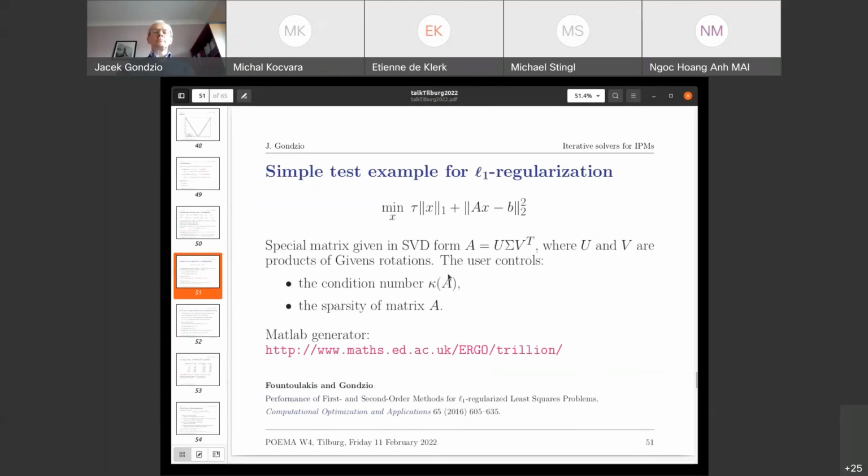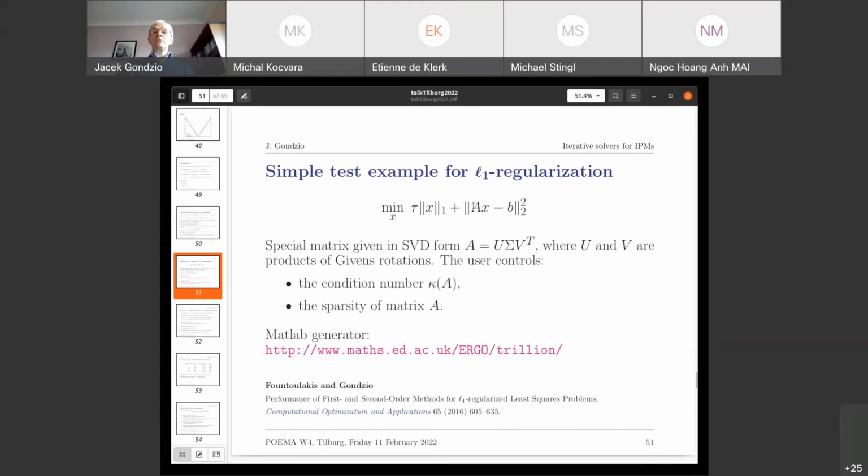This development, by the way, made me acutely aware of how the community lacks a proper testing mechanism for these L1 regularized problems. So together with Kimonas, we designed a MATLAB code which produces good test examples.